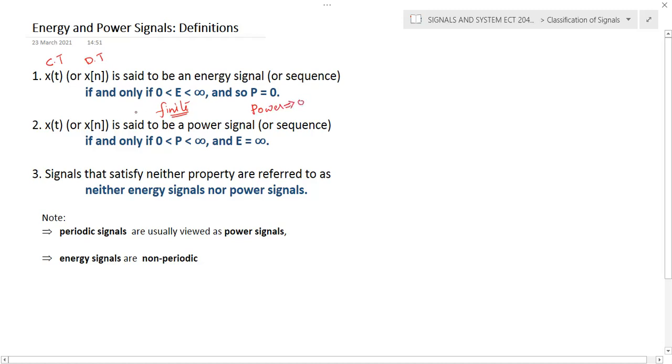It can be a very big quantity but is always less than infinity. Then we can call that signal an energy signal.